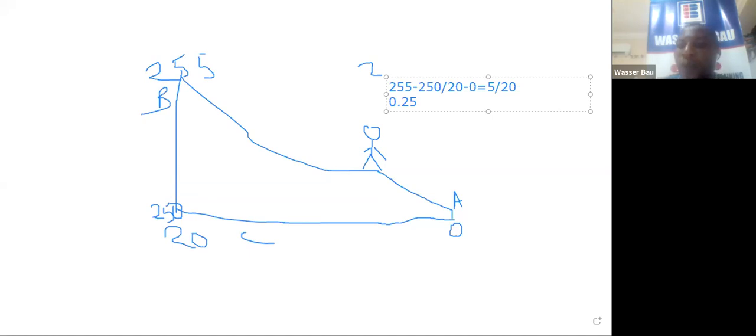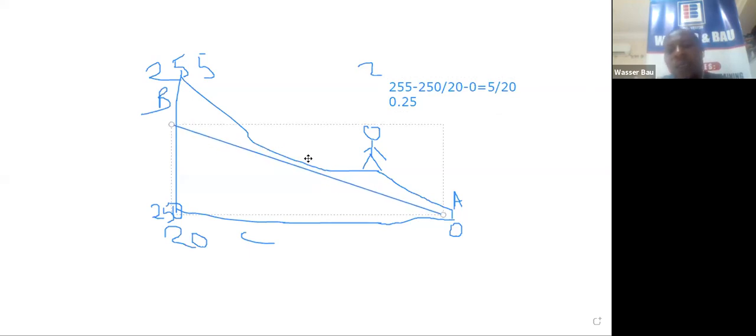So this is 0.25, that is the slope. So if I'm laying a water pipe here now, it means this water pipe will be at an elevation of, say, 250. That's just what it is.